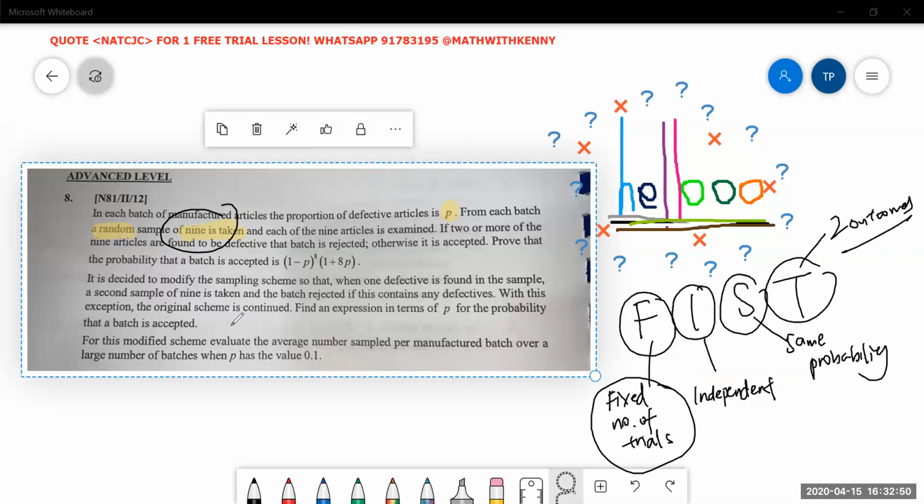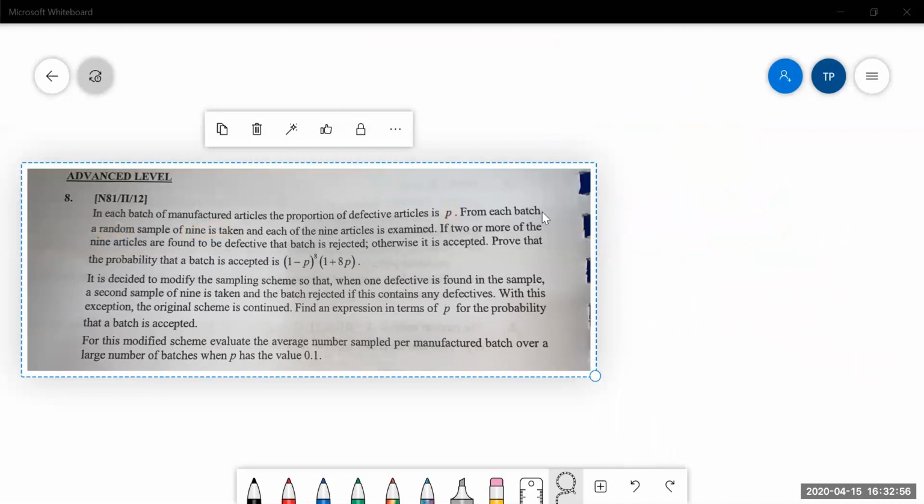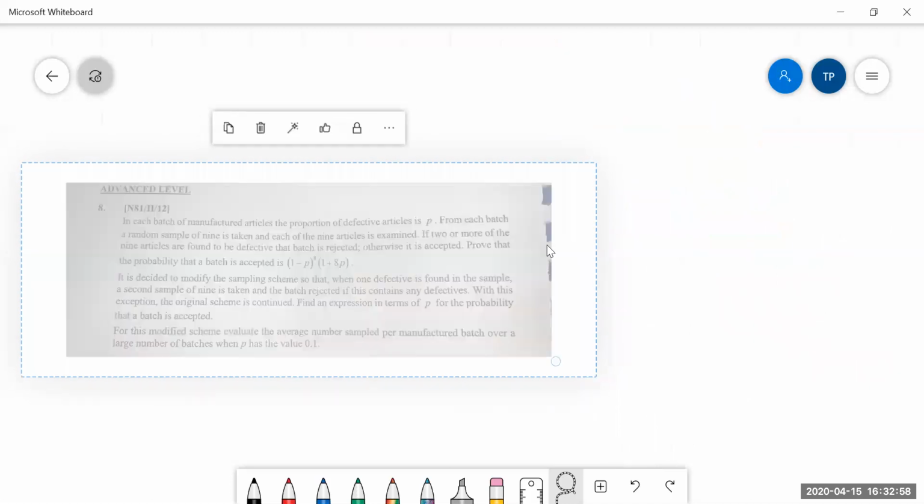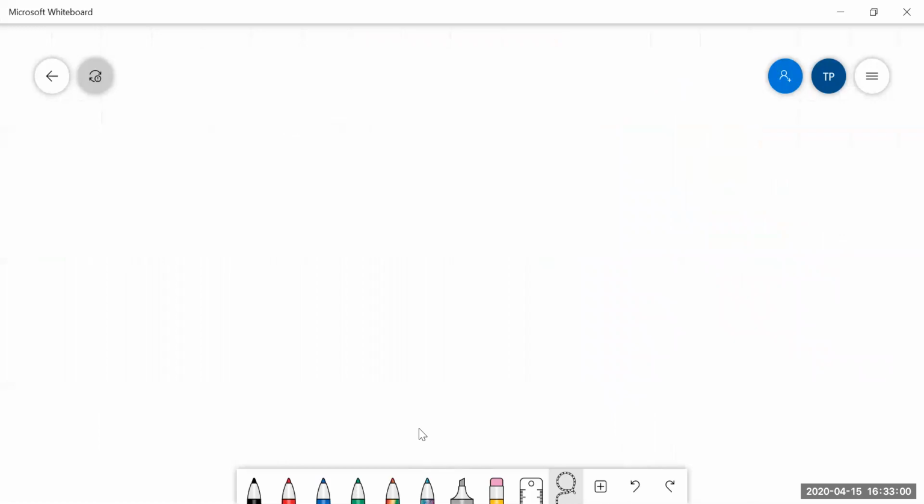Okay. Since you're done with binomial, I want to move on to normal distribution. Has your school gone through normal distribution? Halfway. Can you just take a snapshot of the tutorial and send me?